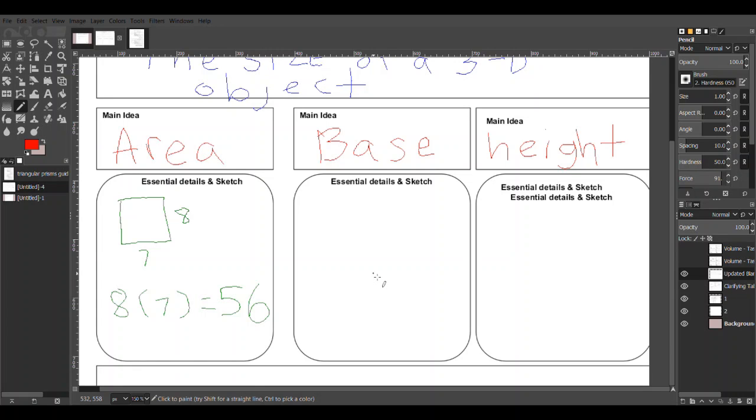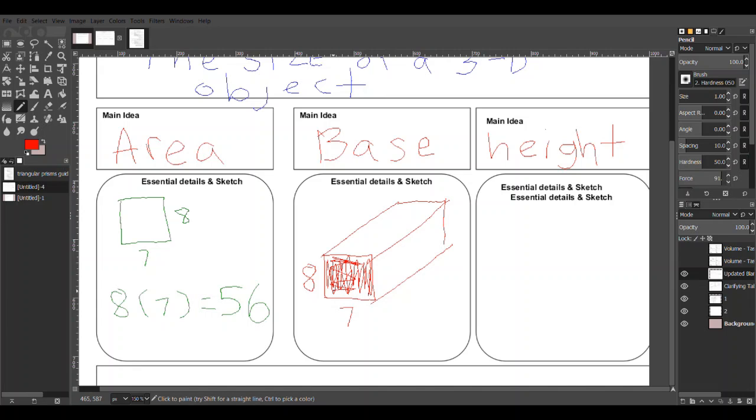Now we're going to talk about base. And base is basically part of a 3D figure. So let's say I'm going to draw a prism, and we're going to say that this is a loaf of bread. So the base of the prism is right here. It's 8 by 7. And this space in here is the base of the prism.